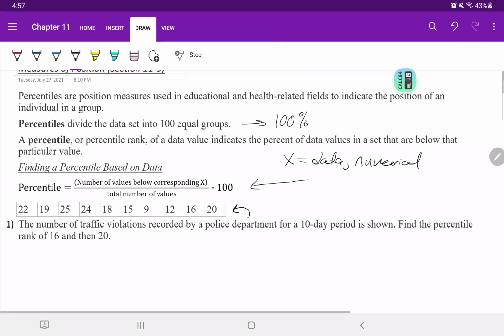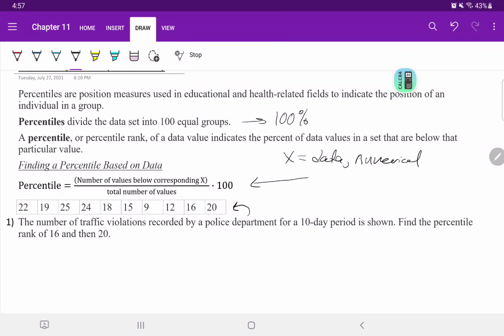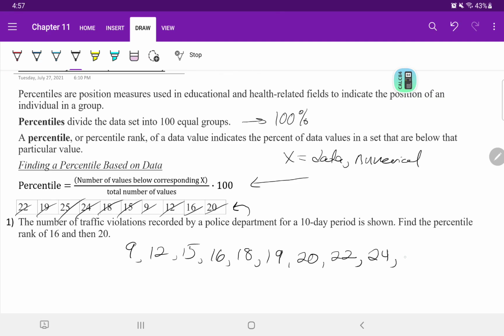The first thing that we should do is put the numbers in chronological order from smallest to largest. So that is going to be 9, 12, 15, 16, 18, 19, 20, 22, 24, and 25.